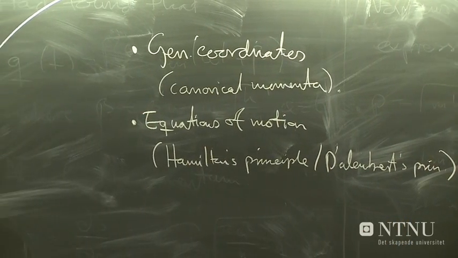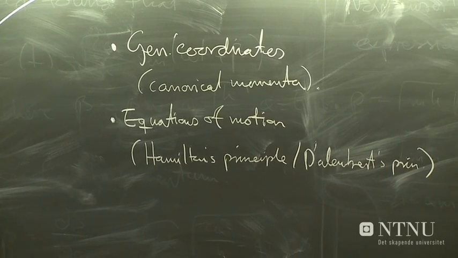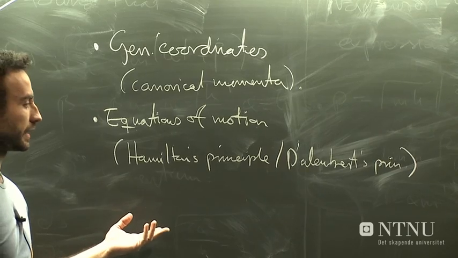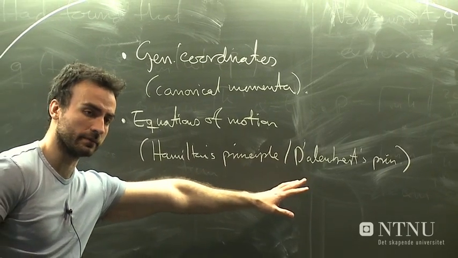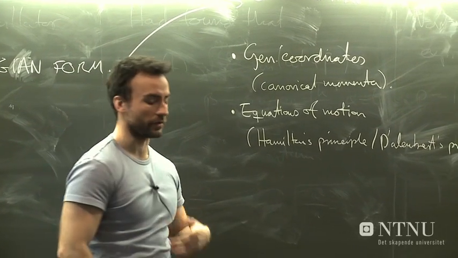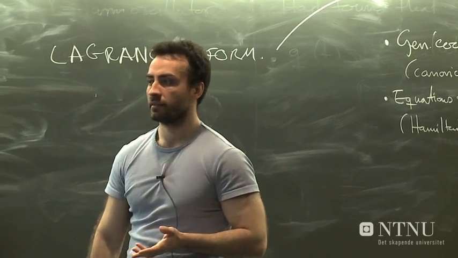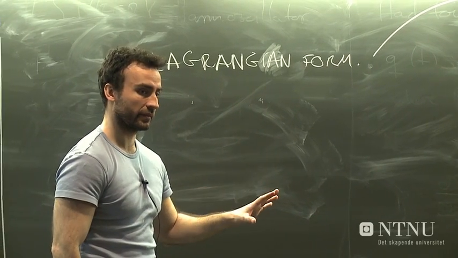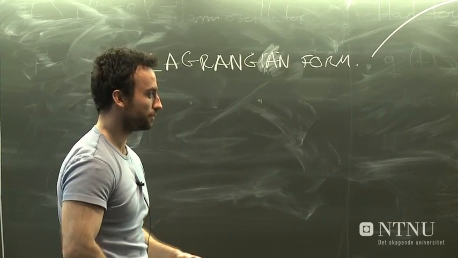Now the way we obtain these equations of motion formally, the manner in which we derive them, is by using either D'Alembert's principle, in this case, or Hamilton's principle. So there are several ways we can derive the same physical content contained within the equations of motion.